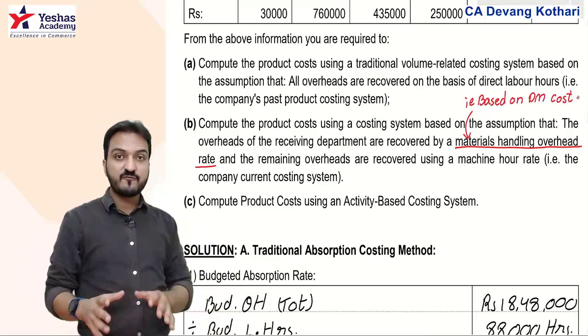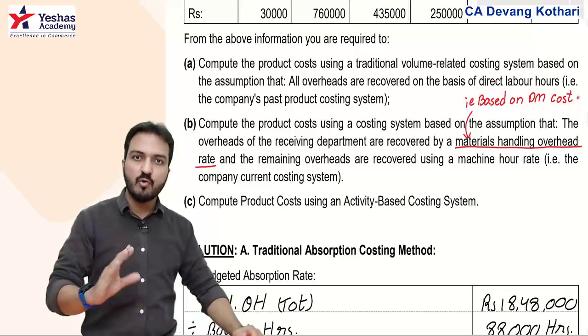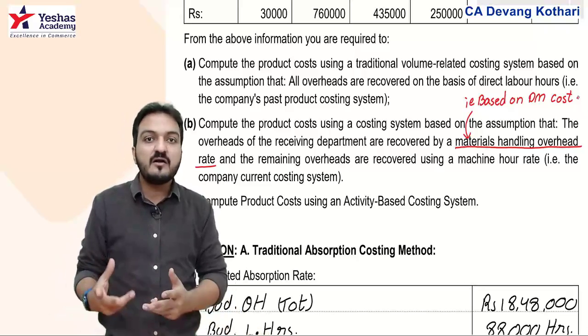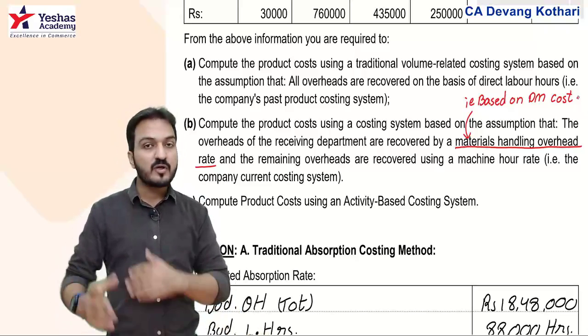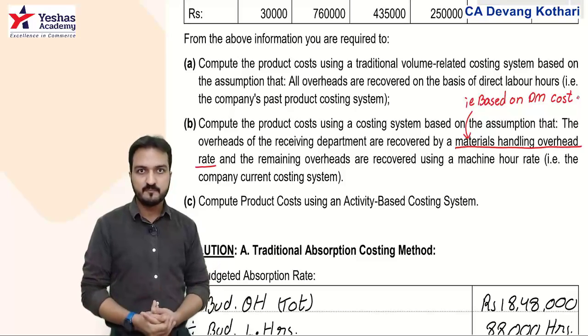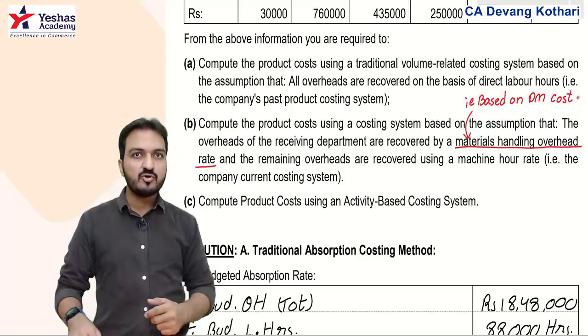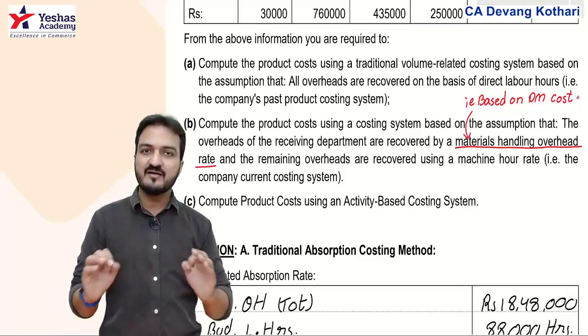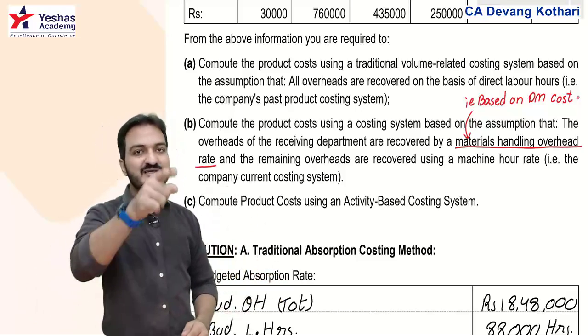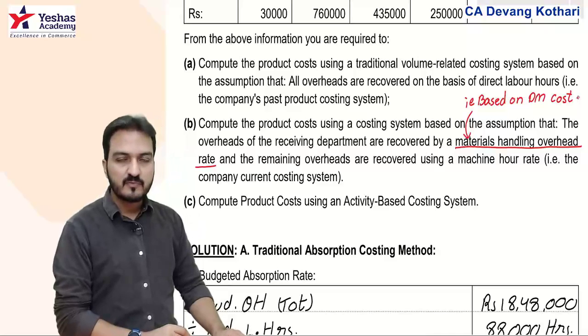Because look, if a product is using more expensive direct material, then that material has to be handled more carefully. More carefully you handle the material, so material handling will be more. So they are telling you to make the rate based on material handling, meaning based on direct material cost. Which cost they are asking you to do it based on handling?